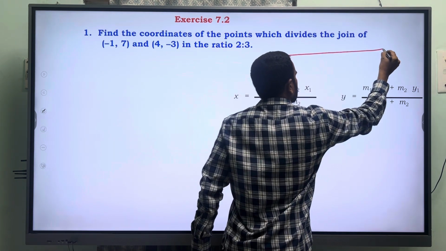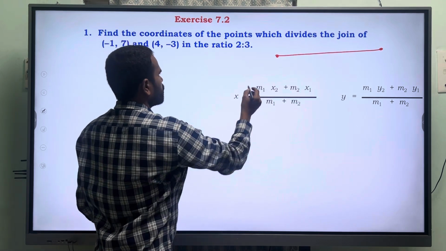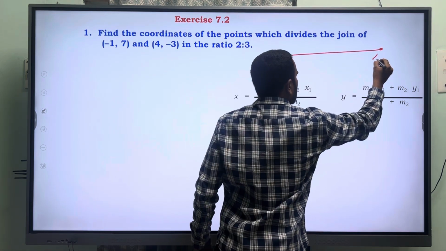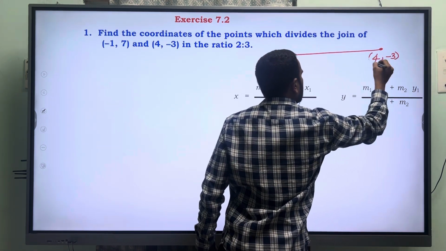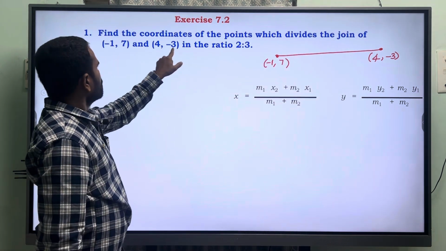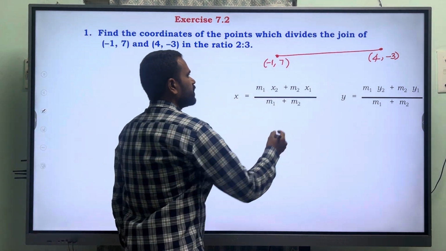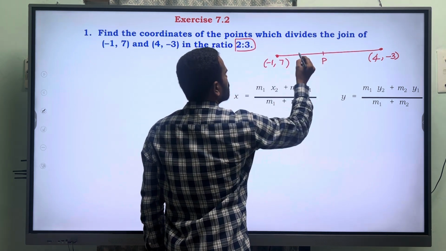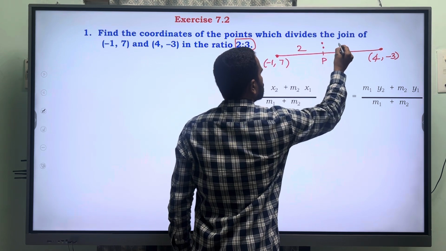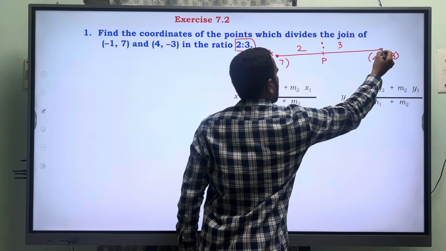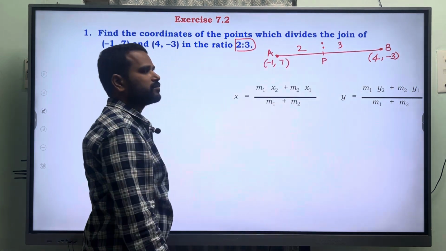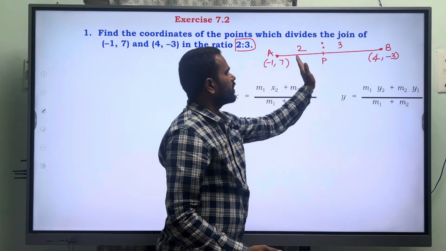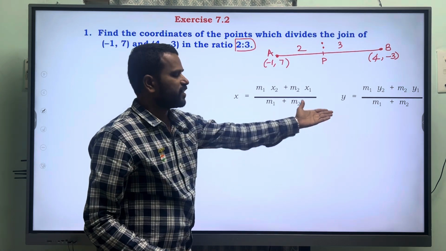So here we have two points, (minus 1, 7) and (4, minus 3), and this is divided by a point P in the ratio 2 is to 3. Suppose this point is A and this point is B. Understand? Now, since it is being divided in the ratio 2 is to 3, we are going to use this section formula.